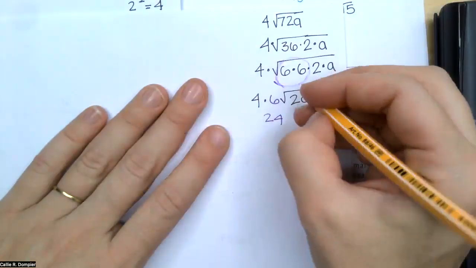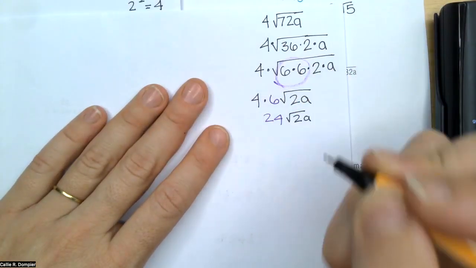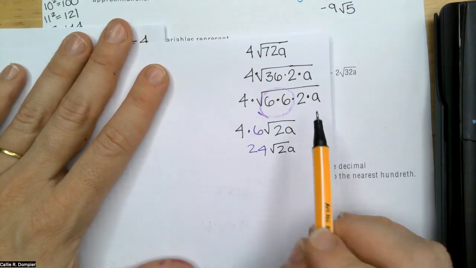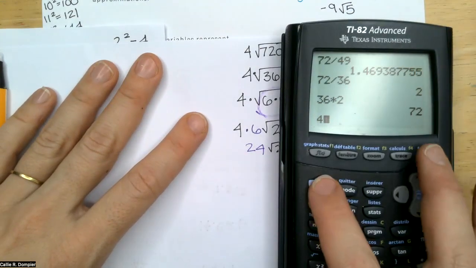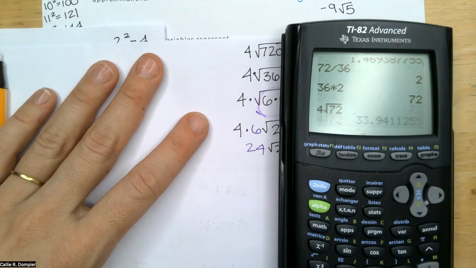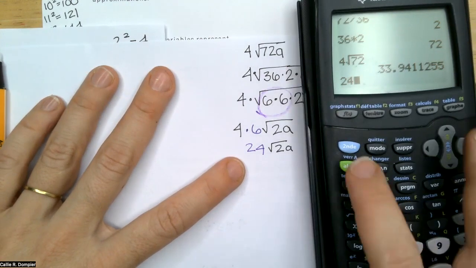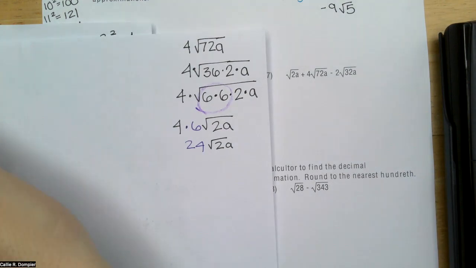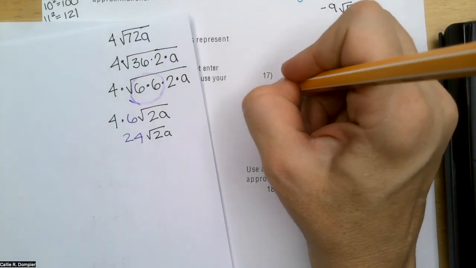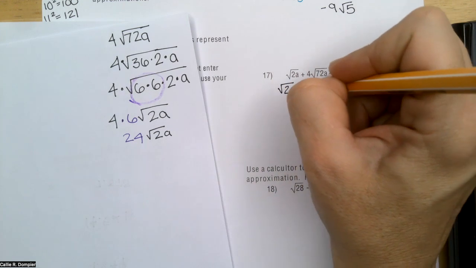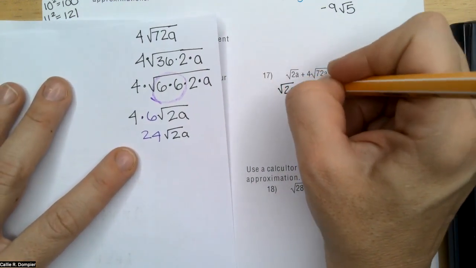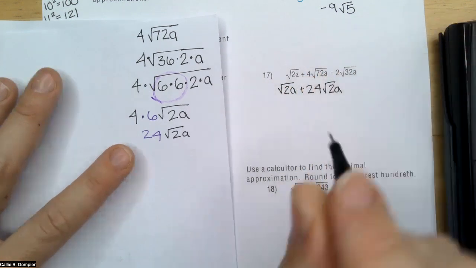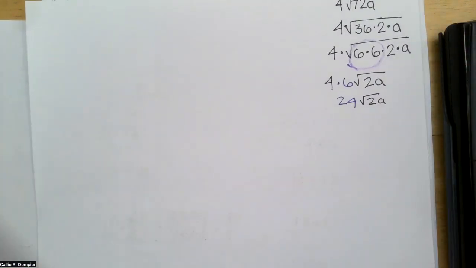So we went from 4 square root 72a to 24 square root 2a. And you can still do it by just ignoring the a. 4 square root of 72 should be the same as 24 square root 2. So the square root of 2a remains the same, 4 square root 72a becomes 24 square root 2a.